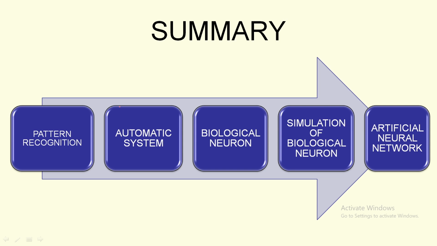To do so, we need to understand the biological version of the human brain, which is composed of 10 to the power of some number of neurons. The presentation also conveys the various parts of the biological neuron as well as its operation, how that operation can be taken in a mathematical way, how that mathematical model has been simulated as an artificial neuron, and from which how the artificial neural network has evolved. So all these things we have seen.